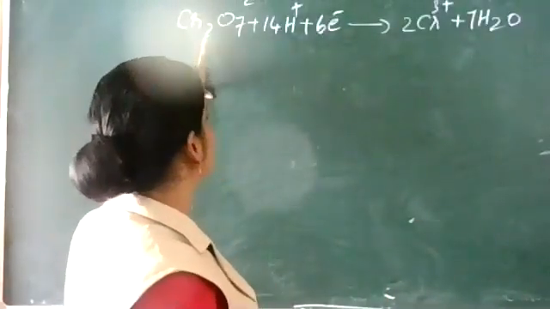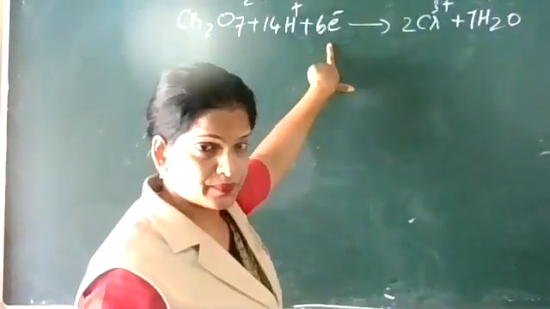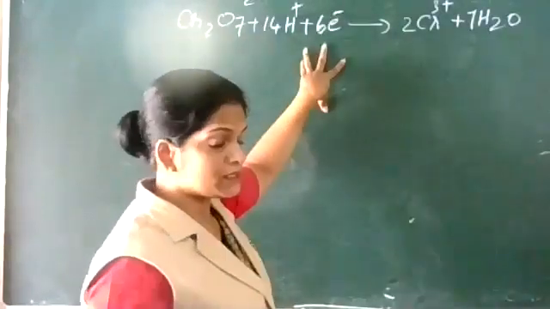One Cr2O7 2- requires 6 electrons. That means 1 mole of this will require how much electricity?